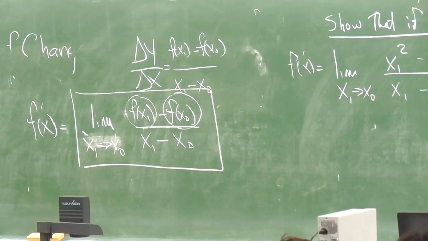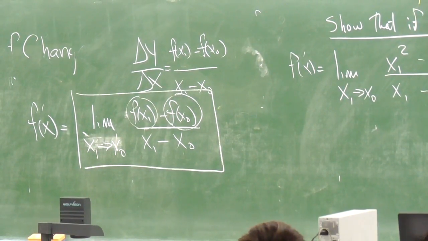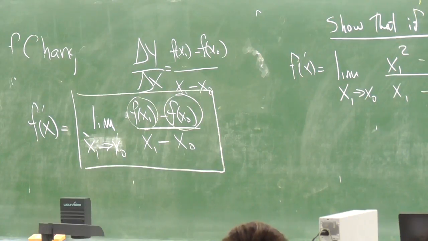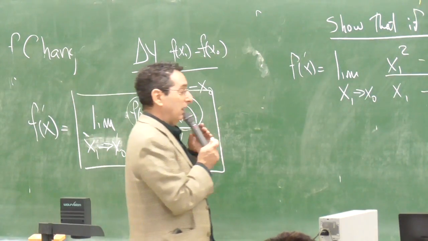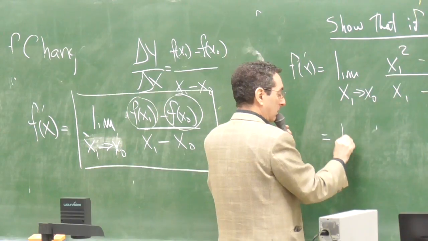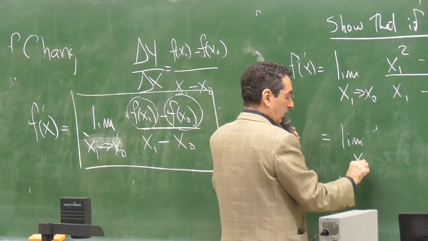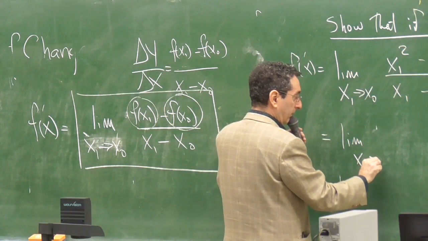I factored and I canceled. So the question is, will that happen here? Yeah, it's going to happen again. Really the same problem we did before, we're just not doing it at 3.